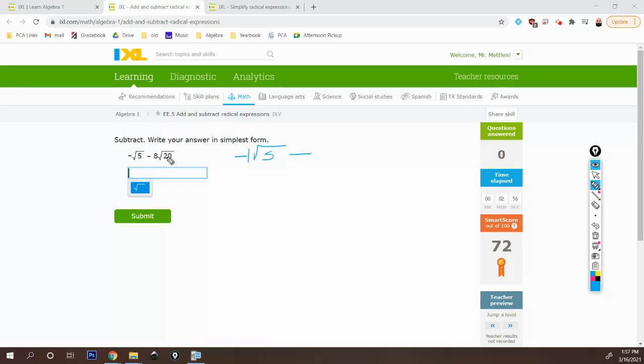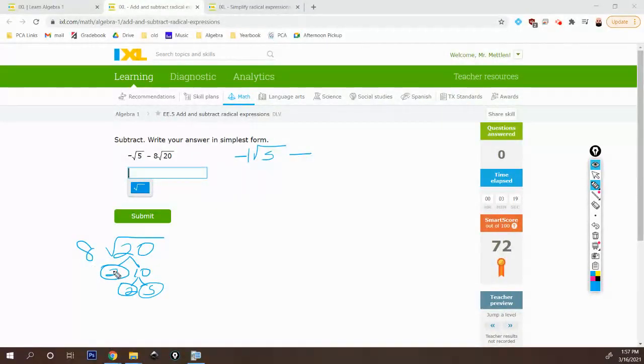Okay, minus. And I do need to simplify this square root of 20. So it had an 8 in front. We're just going to leave the 8 over there. We're going to take this 20, and we're going to start to break it down. So 20 is 2 times 10. There's a prime number. 10 is 2 times 5. There's a prime number. And 5 is a prime number. All right, so 20 is 2, 2, and 5.